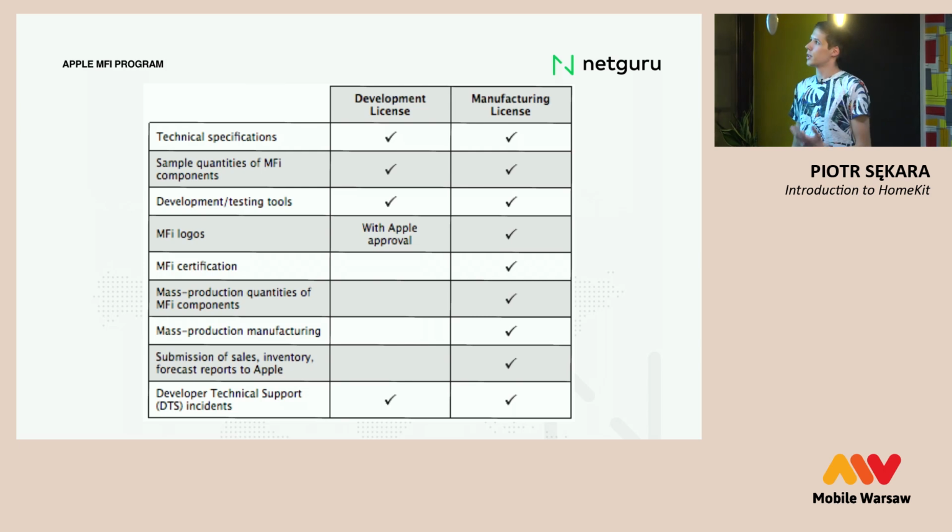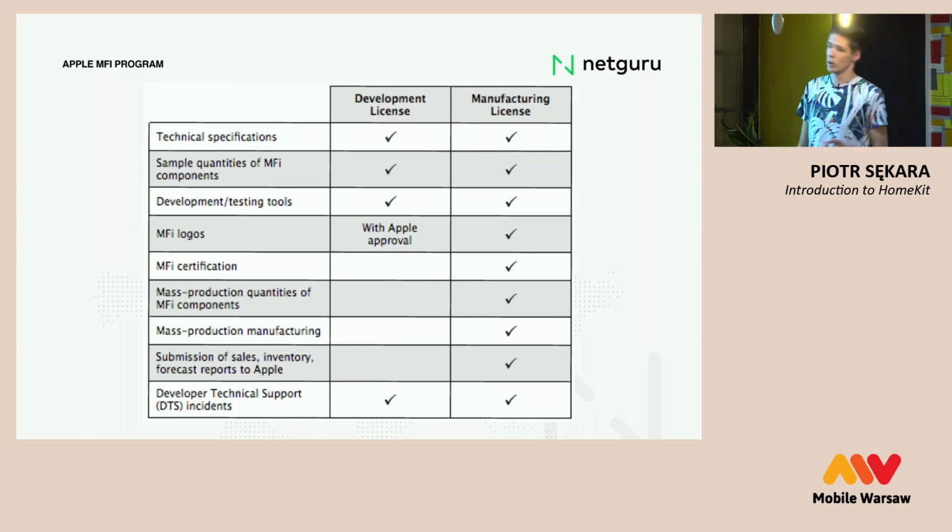And there are two licenses of the MFi program. First is a development license, which is commonly used by every company that doesn't have a manufacturer. And there is also a manufacturing license, which you can get if you have a manufacturer.